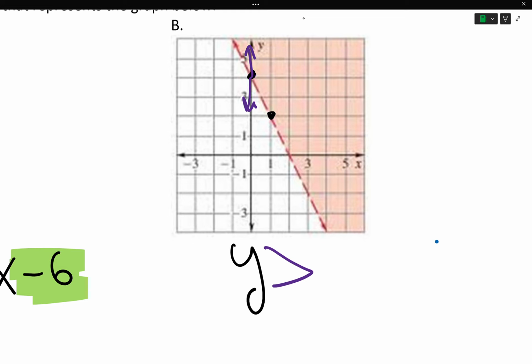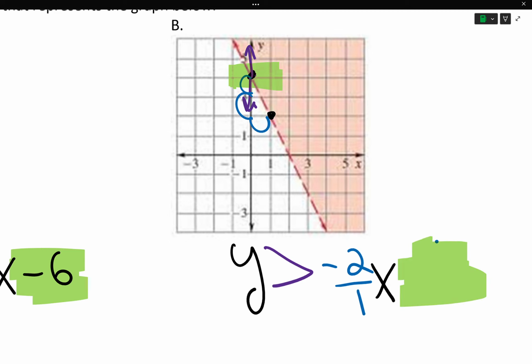My slope, let's count. These boxes are 1, so down 1, 2, to the right 1, -2/1. And then my y-intercept is right here between 5 and 3, which is 4. Fantastic. That's number 1.